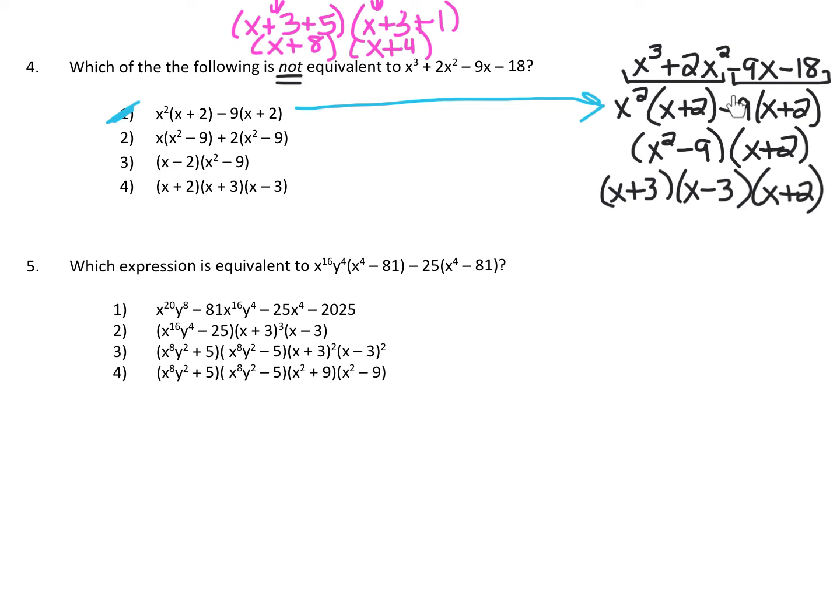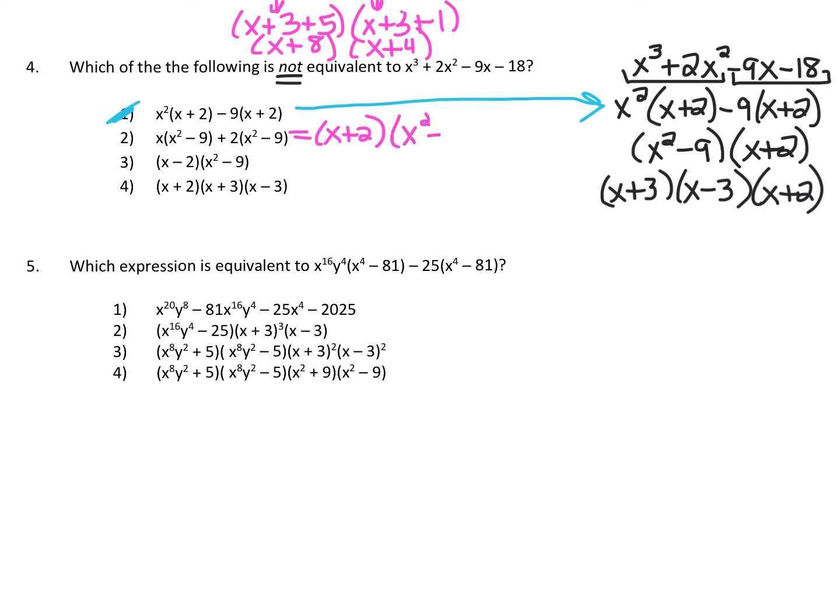Didn't we take what was in front of the parentheses and group them together and then just rewrite the common parenthesis once? That's what I'm going to do here. I'm going to take what's in front of our parentheses, the x plus 2, and put that in one parenthesis. And then I'm going to take my common parenthesis of x squared minus 9 and rewrite that just once.